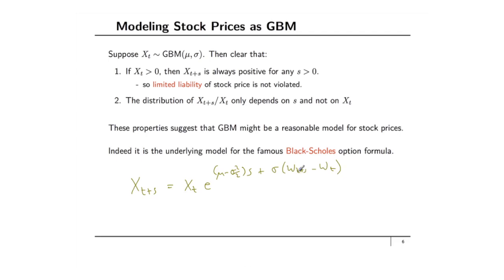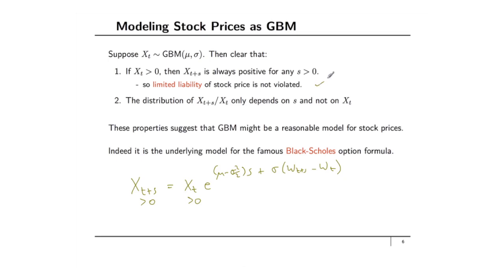So this is our equation 10 from an earlier slide. We can see that if xt is greater than 0, then of course the exponential of this will be greater than 0, and so xt plus s will be greater than 0. So if we are using a geometric Brownian motion to model stock prices, then we can see that the limited liability of a stock price, i.e. the fact that a stock price cannot go negative, is not violated.